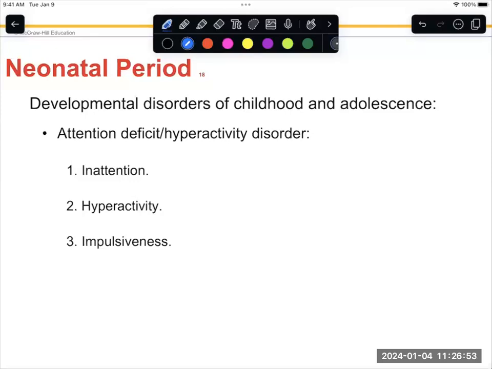ADHD is often treated with, these are such old drugs now, Ritalin and or Prozac. Those are old. There's a lot of newer drugs out there that work much better than Ritalin or Prozac. Putting that out there. But these are what your book is saying, so we have to go with what your book says for now. But there's a lot of other stuff out there that work much better. Then treatment may include special education, parent training, and cognitive behavior therapy.